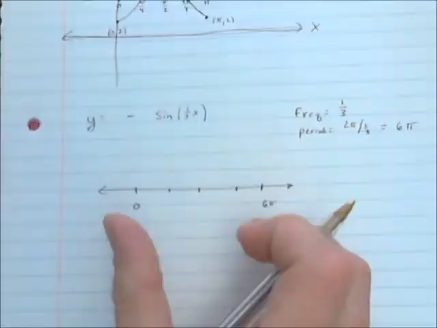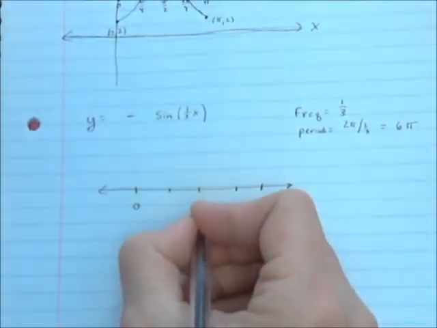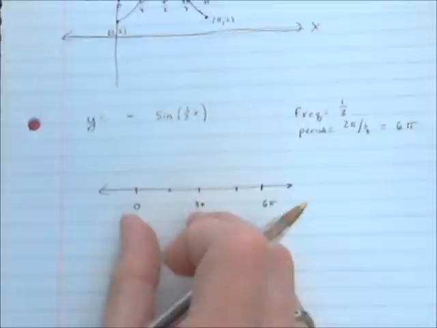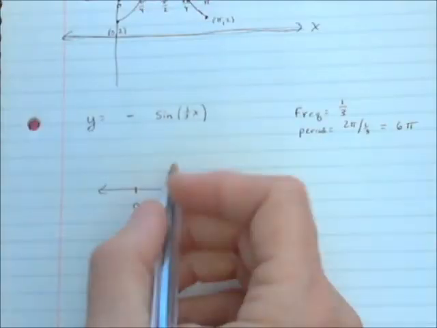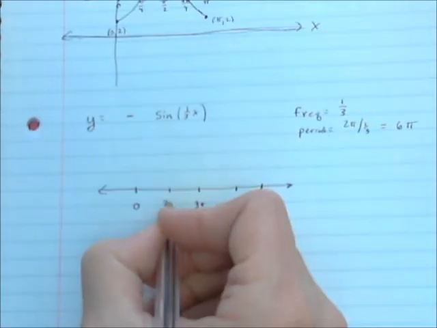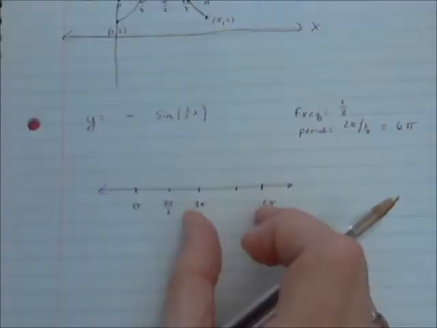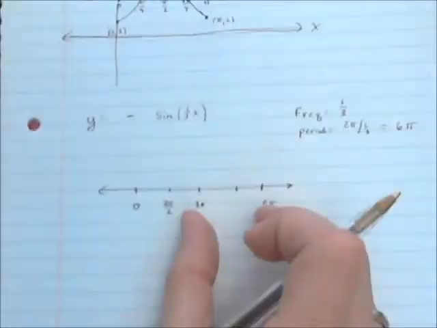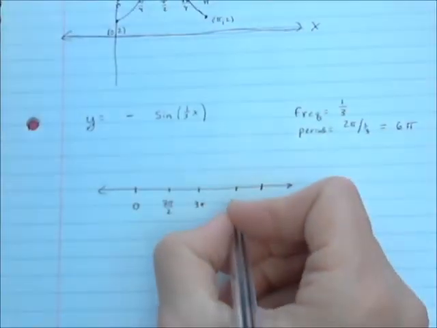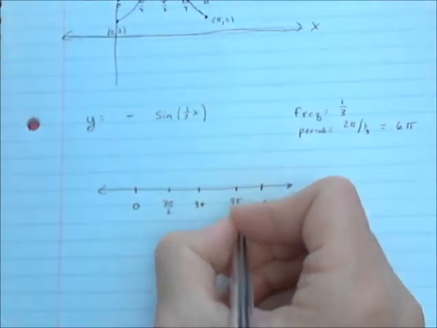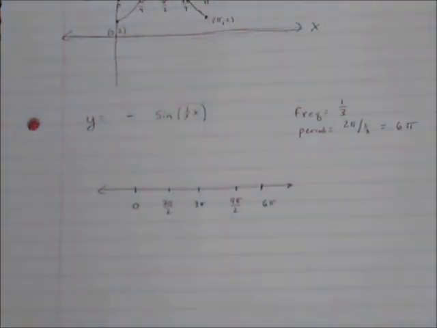Half of 6 is 3, and half of 3 is 3/2. And half of 9, 6 pi plus 3 pi is 9 pi. Half of 9 pi is 9 pi over 2. So there are the important x values.